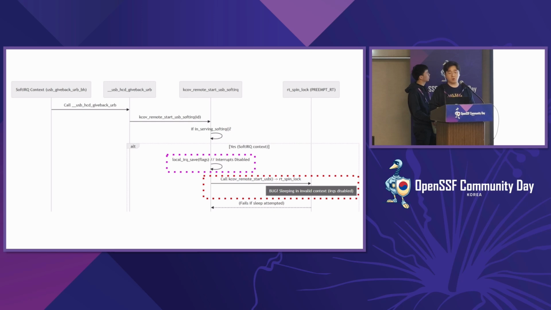When starting KCOV in software IRQ context, interrupts are disabled to prevent hard IRQ nesting, but the RT spin lock call within kcov_remote_start_usb attempts to sleep in IRQ-disabled state, so the bug occurs. This was frequently triggered even without fuzzing in the PREEMPT_RT kernel.